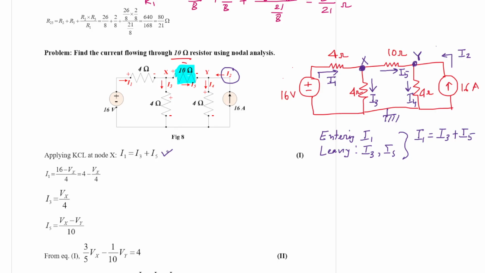Now what is I1? This I1 is caused by the potential drop appearing across this 4 ohm resistance. This node has voltage Vx and this is 16 volt. So I1 is nothing but 16 minus Vx divided by 4.